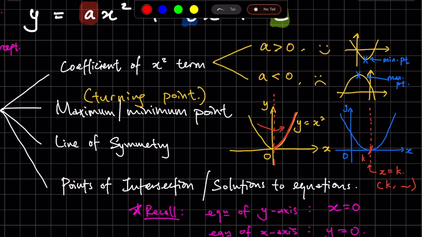For quadratic curves in O level and N level, your curve is going to be a smiley face or sad face, which means you always fold left to right. So your line of symmetry is a vertical line. And vertical lines are always in the form of x equals a certain number, and that number is where the dotted line cuts the x-axis, or your x value.